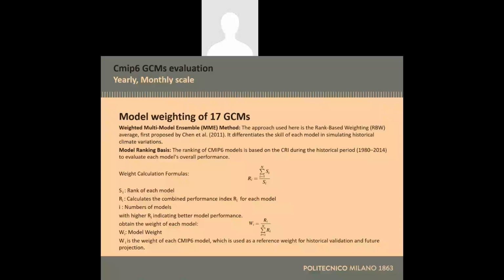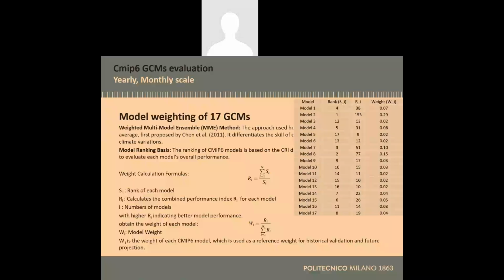In my case, I have 17 GCMs, so you can calculate like this, and then you get a weight for each model. That means how much it should account for in the simulation. The result may be better if you calculate the average according to the weights.